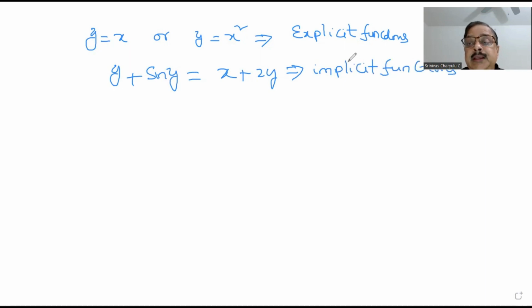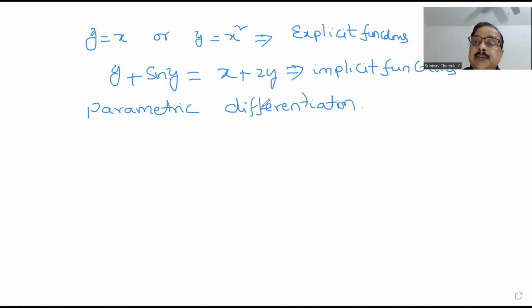Now we are going to see a third kind called parametric. Parametric differentiation is the third category. Let us see how to understand this. In parametric differentiation, y is dependent and x is independent.